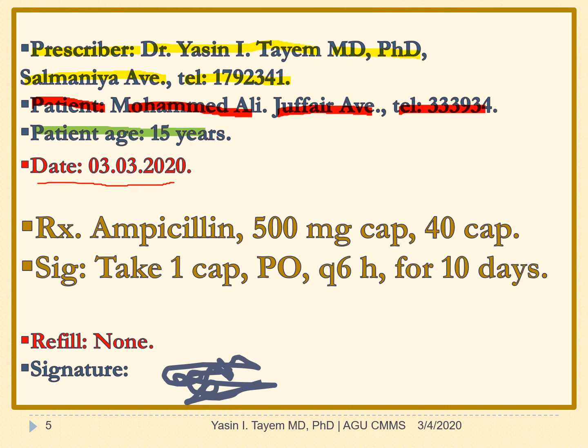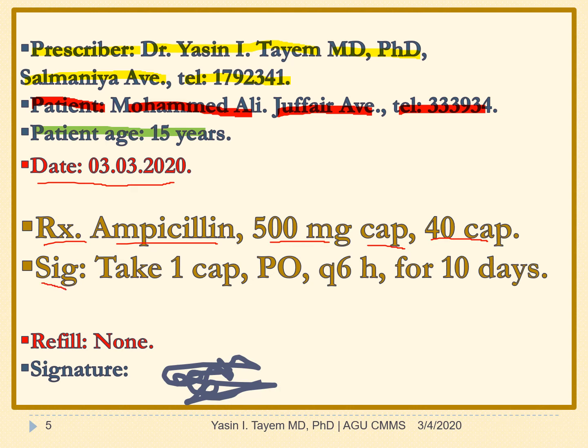Then we start with the main body of the prescription, which starts with the Rx, which means dispense, then generic drug name, then strength 500 milligram, then formulation, which is a capsule, then quantity 40 capsules. It includes also SIG, which means instructions for use.